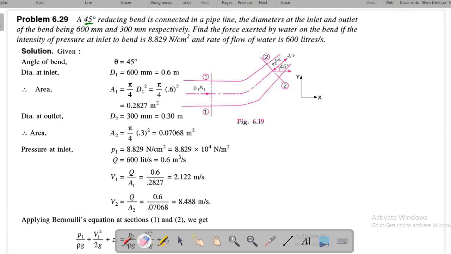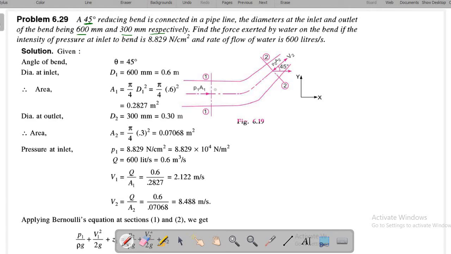So consider it is a horizontal bend which is 45-degree from the direction of its previous flow, connected to a pipeline. The diameter at inlet and throat of the bend is 600 mm and 300 mm respectively.